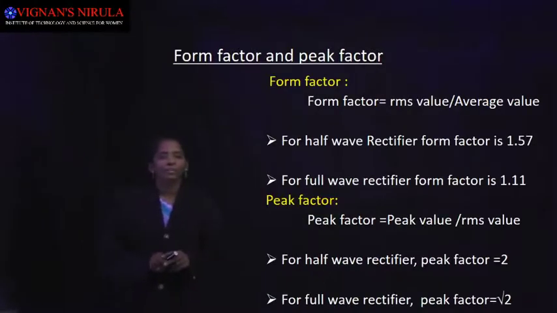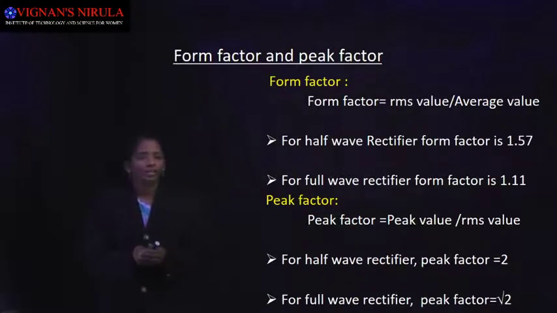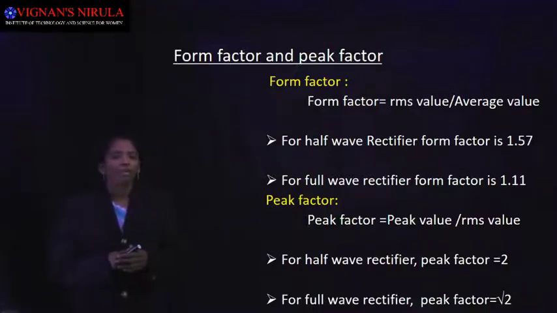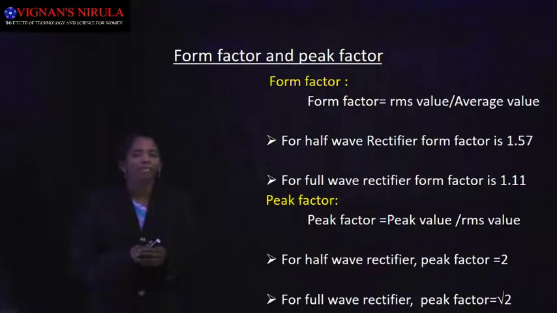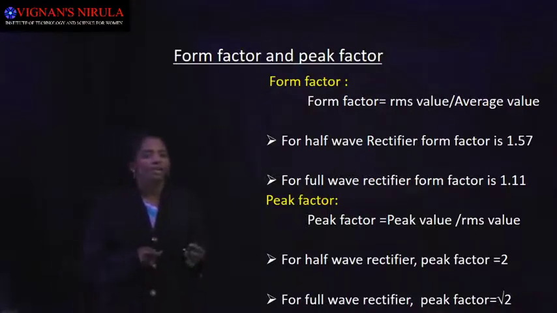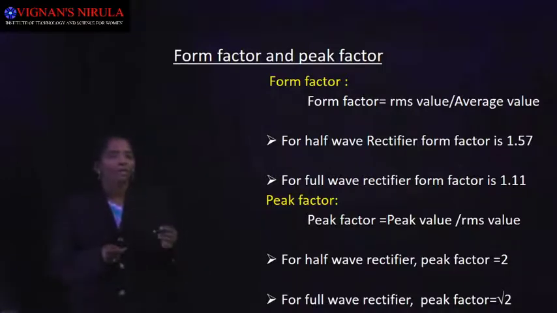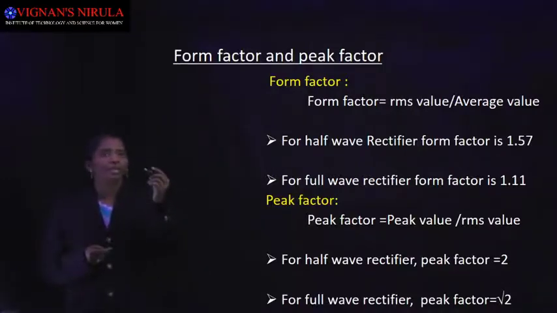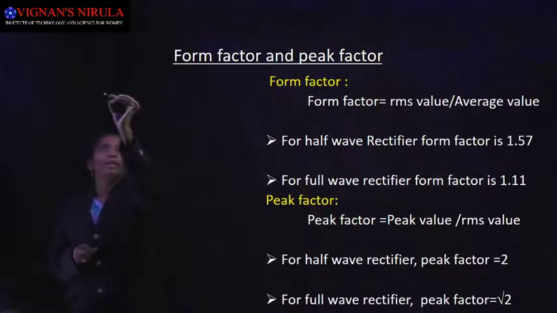Form factor and peak factor of the rectifiers. What is meant by form factor? Form factor is the ratio of RMS value to average value. For the half wave rectifier, what is the RMS value? The RMS value of the half wave rectifier is Im by 2.